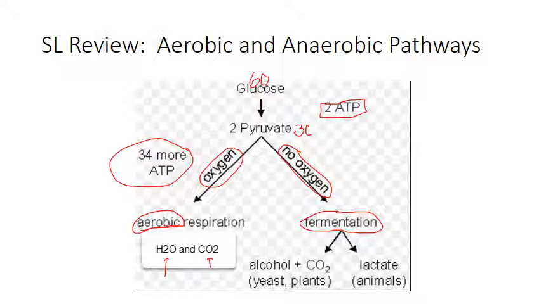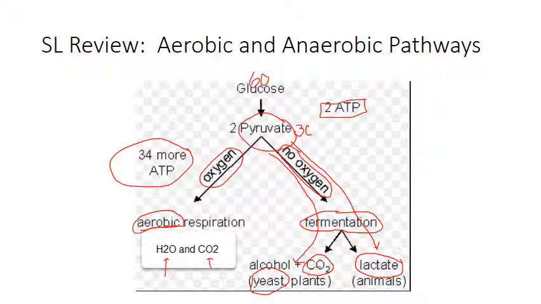Now, fermentation is going to take pyruvate and break it down into different products depending, again, on what kind of organism you are. Animals like you and me and most bacteria are going to turn that pyruvate into lactate. Yeast, on the other hand, are going to turn that pyruvate into 2 products, alcohol and carbon dioxide. A tricky question that comes up a lot is about yeast, because yeast will produce carbon dioxide whether they're fermenting anaerobically or aerobically.